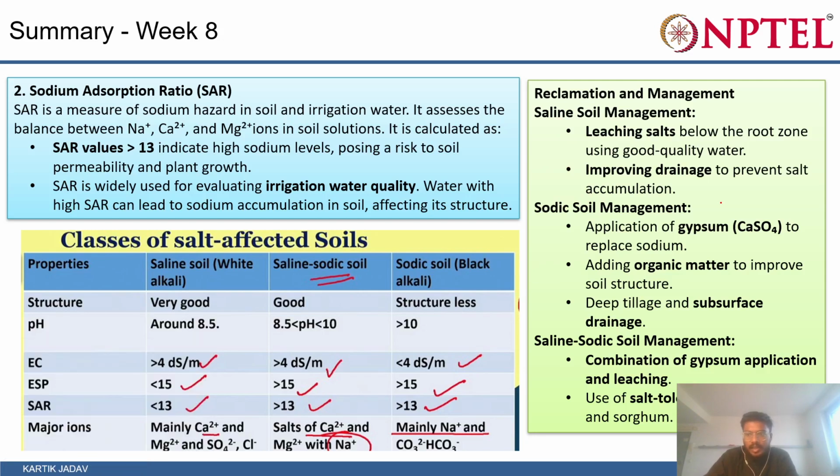But if you have higher sodium in your soil, or any other cation like aluminum or H plus, this leads to soil acidity, and if you have higher sodium content, that leads to sodic soil, right?